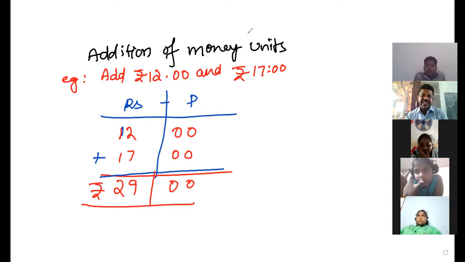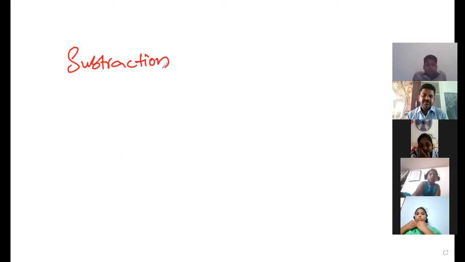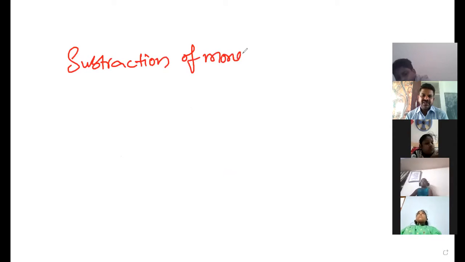Next, another example is for subtraction. Subtraction of money, subtraction of money units. Simple, nothing is there.